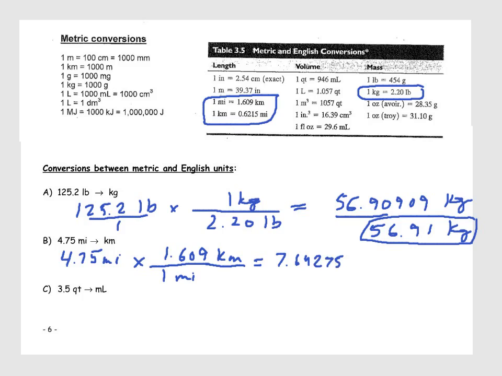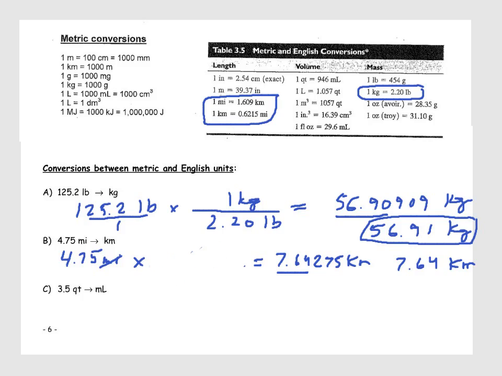Now the final answer, the miles will cancel. You're left with kilometers. Your final answer can have 3 significant digits. The 2 doesn't round up, so you're going to stay with 4.64 kilometers.